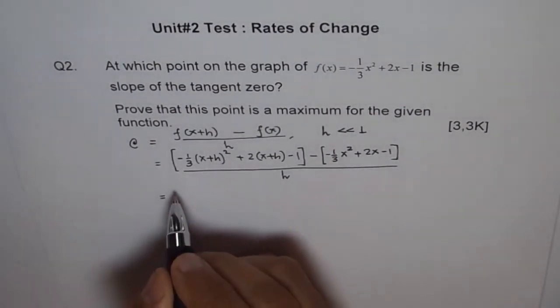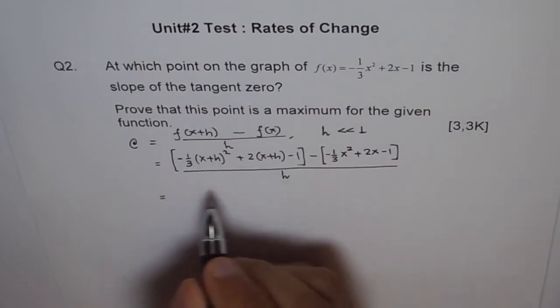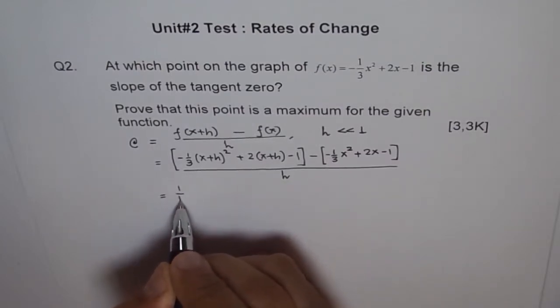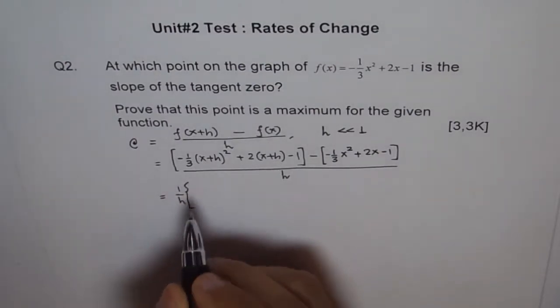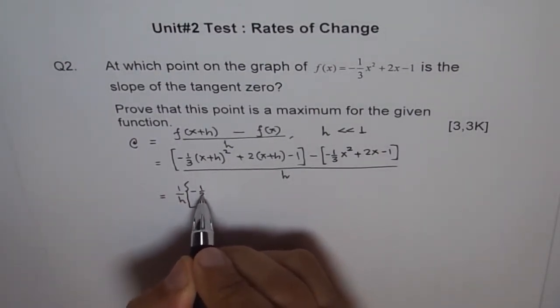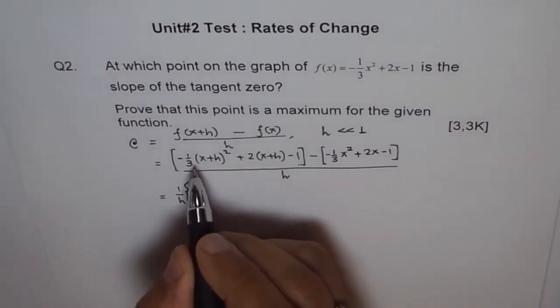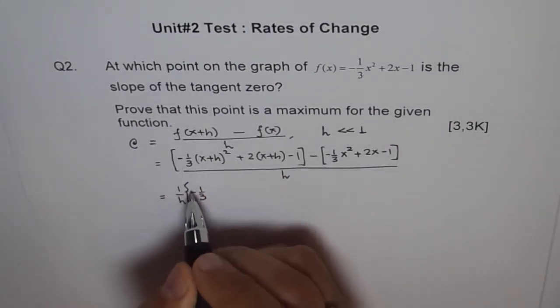Now let's try to solve this. So we'll expand this here, and I'll write 1 over h common. Let me write 1 over h here, and then put this kind of bracket. So I have -1/3, and yes, I should have put the square bracket also.